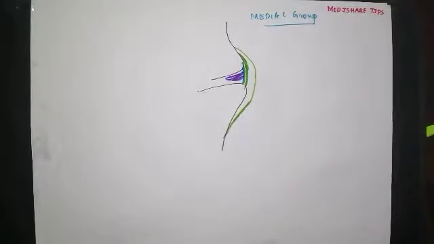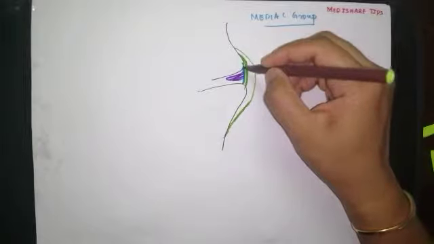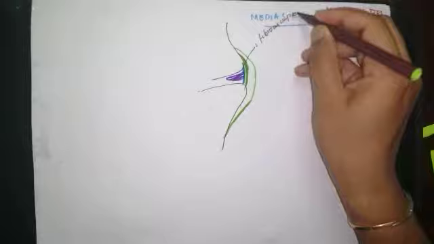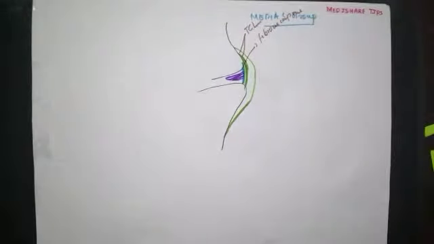So this is the fibrous capsule, and this one is the tibial collateral ligament, TCL.